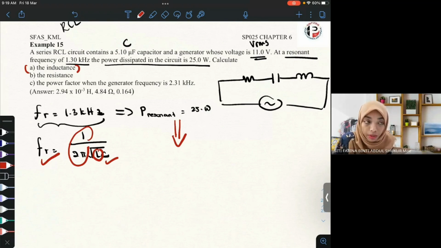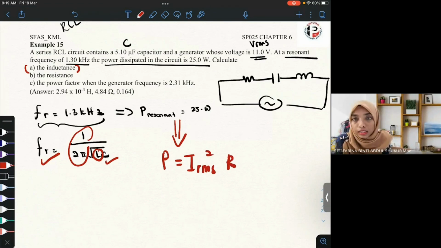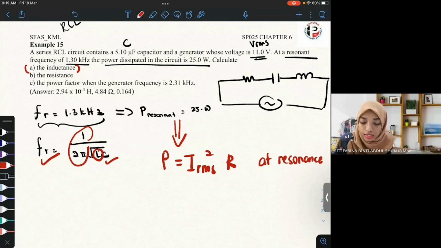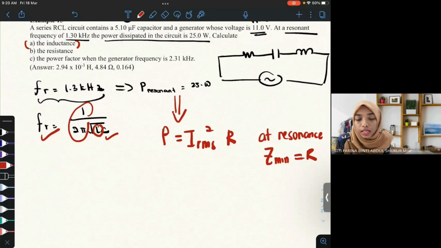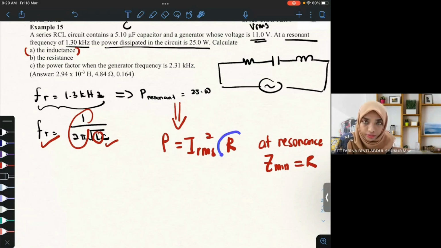So kita boleh guna power across resistor adalah I RMS square darab dengan R. Dan kita tahu at resonance kita punya impedance paling minimum, Z kita sama dengan R sahaja. Nilai R yang kita nak cari ni, P diberi, you need to find your I sebenarnya.